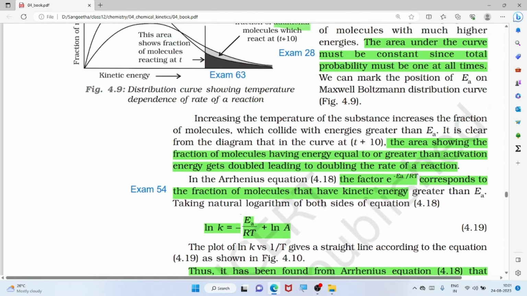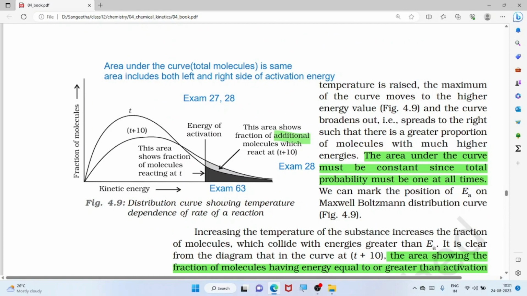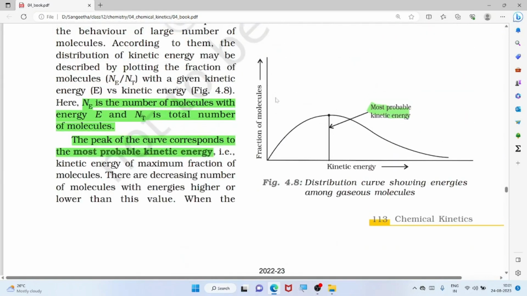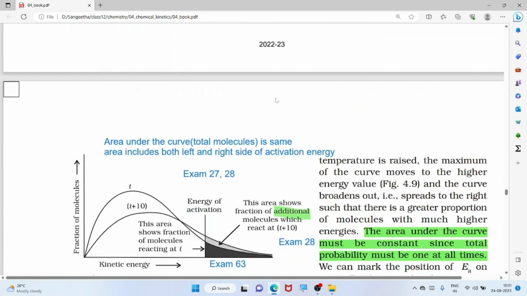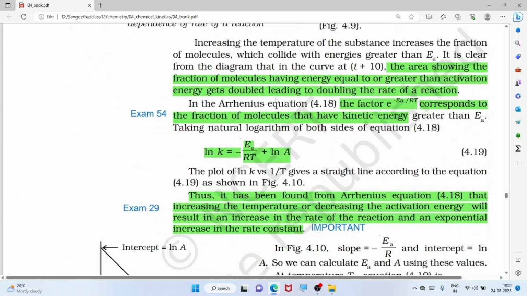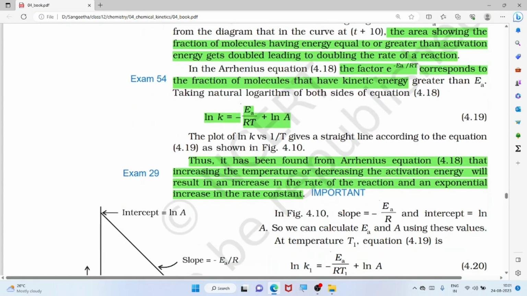Because the exponent has a negative sign, when you increase the temperature and decrease the activation energy, the negative quantity becomes smaller, which means the rate constant will increase.